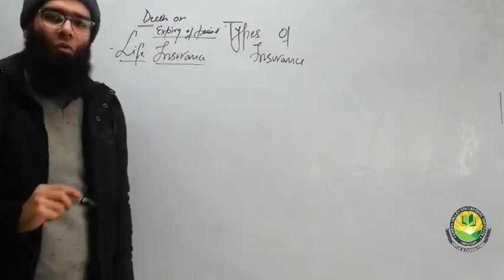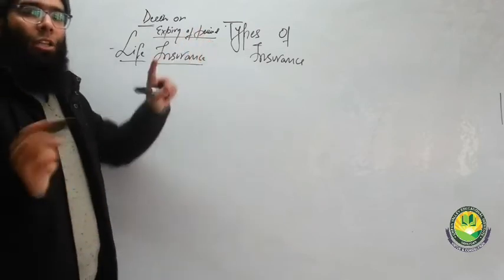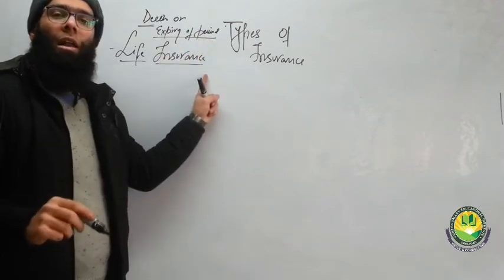So there are both things involved. Either there will be death or there will be expiry of the period. Either of the two will be covered under life insurance.